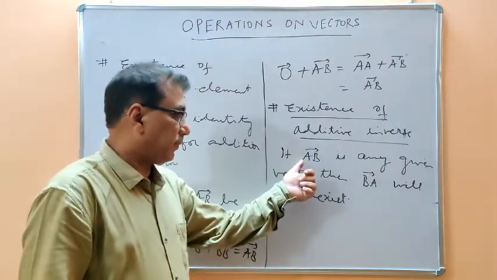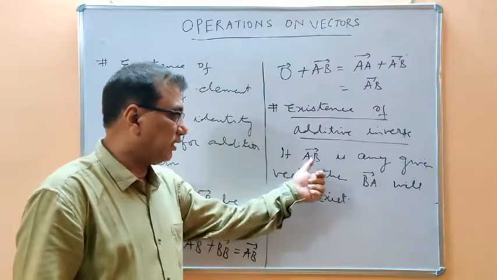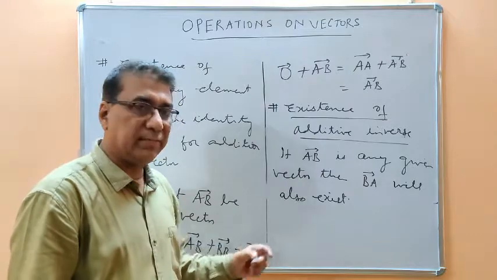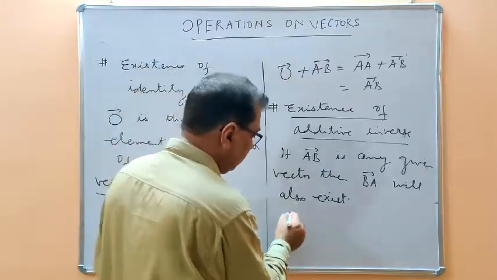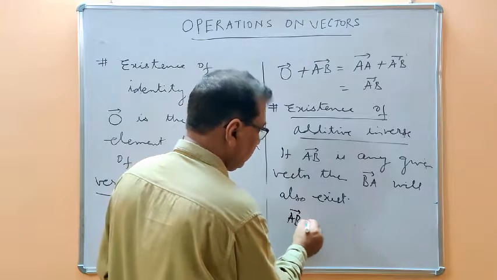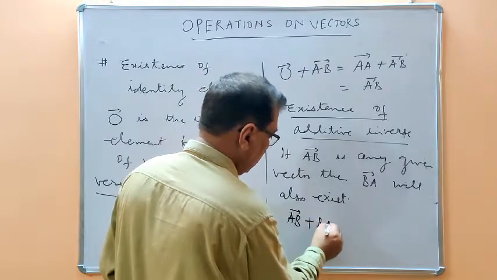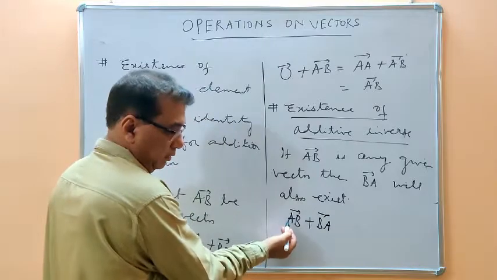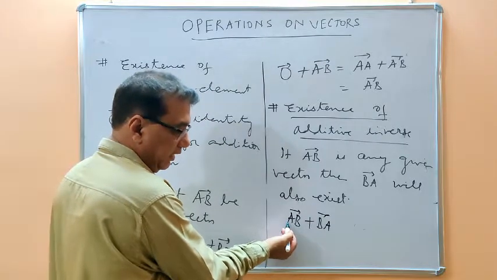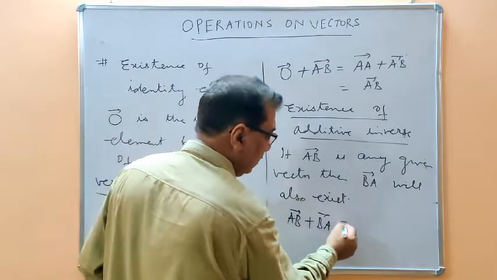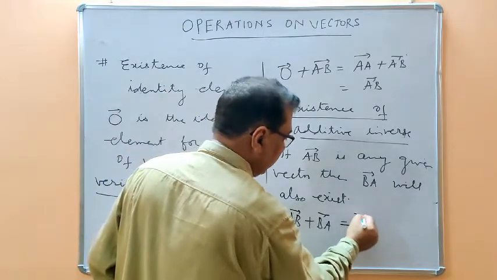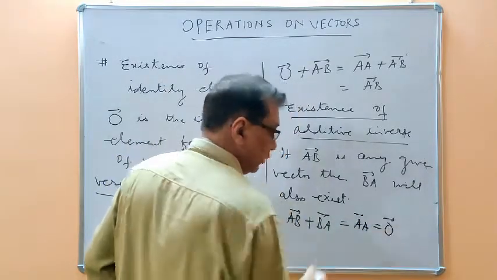Because if we go in the reverse direction of AB by the same magnitude, we get the vector BA, and when we add them, we get the vector beginning with A and ending in B, and this is beginning with B and ending in A. So this stands for AA, which is the 0 vector.